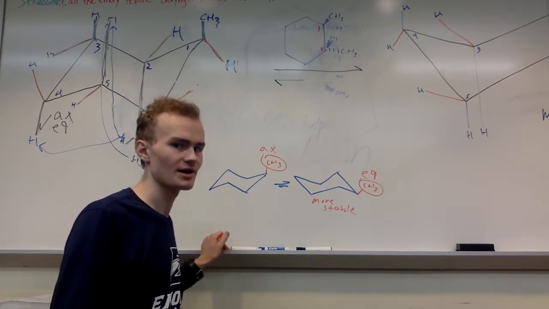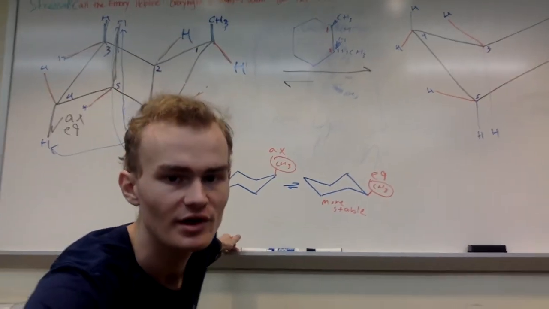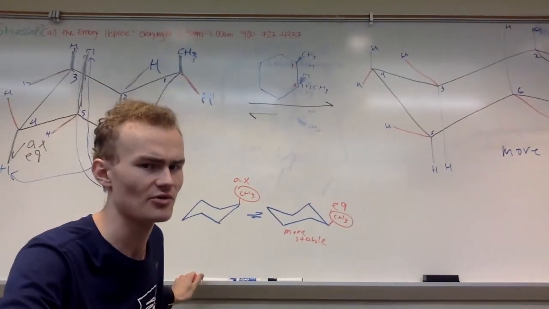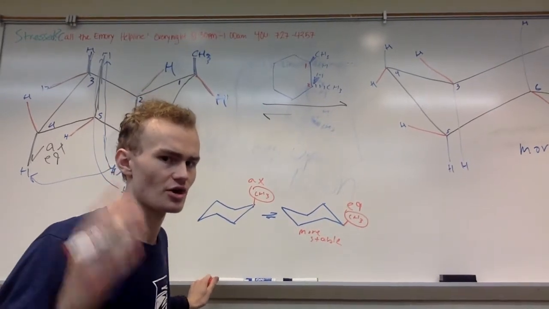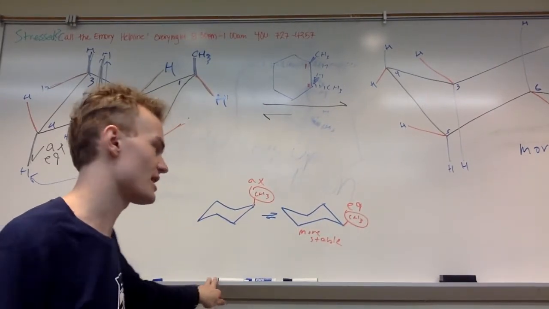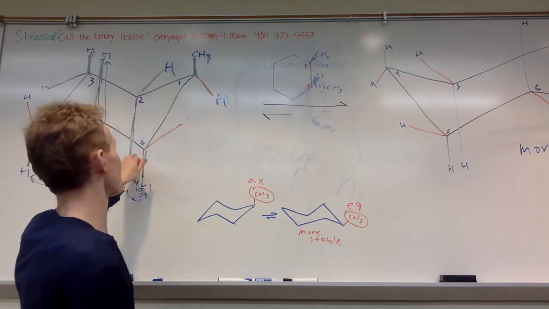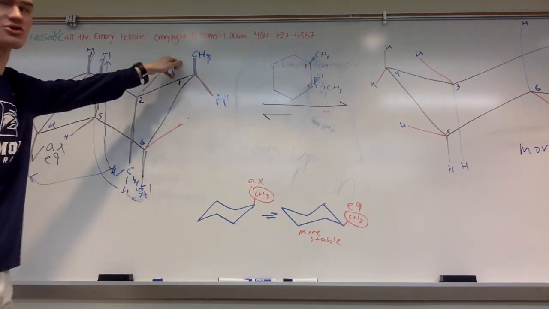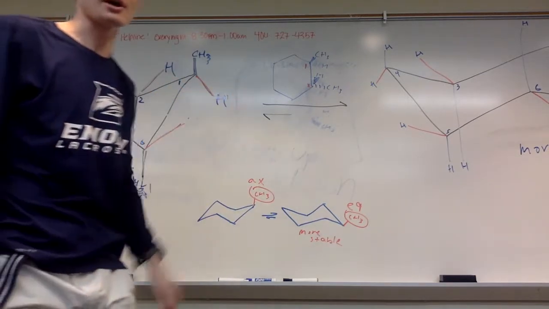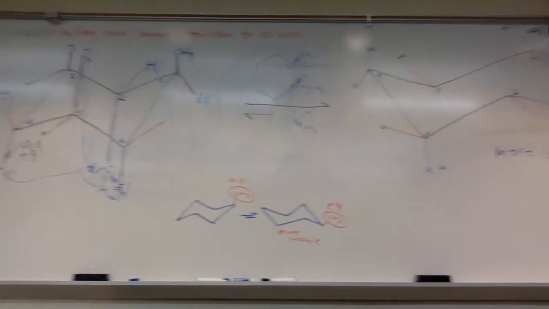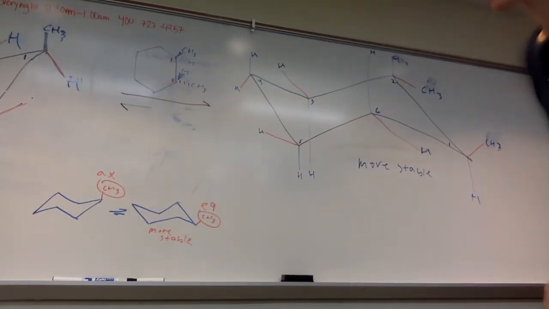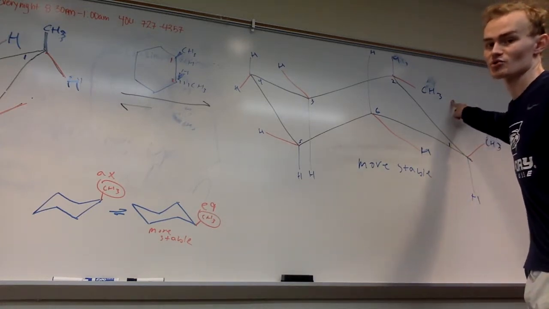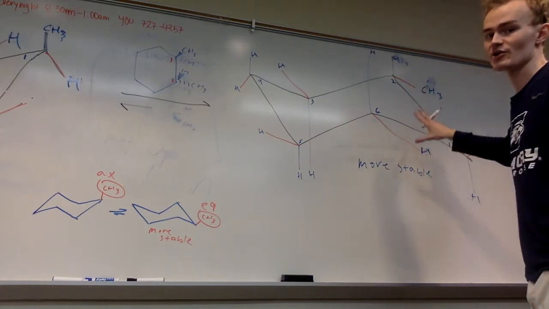That's why, in the reaction above, or it's not really a reaction, it's just a chair flip, the idea is that because you have axial here and axial here, versus on the other side where both of these were equatorial, this entire thing is going to be more stable.